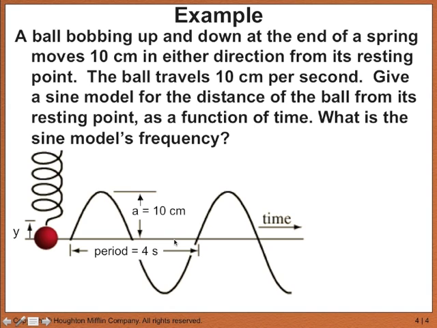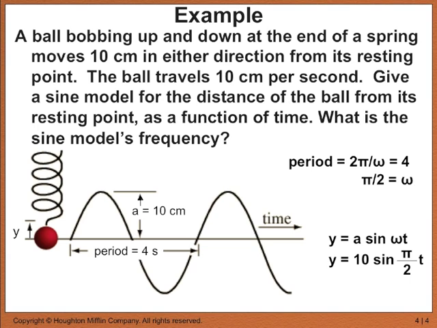Amplitude is 10 centimeters. Now we can figure out omega. Period equals 2 pi over omega equals 4. And solving for omega, we get pi over 2. And so now we can put it all together and write our sine model for this harmonic motion. We have y equals a sine omega t, and filling things in, y equals 10 sine pi over 2 t.